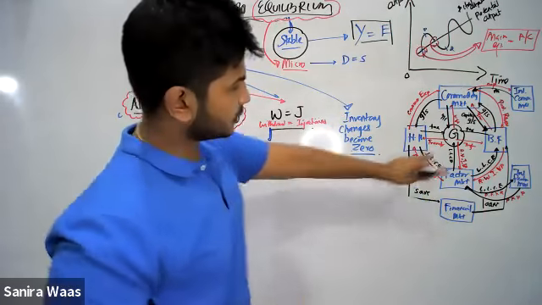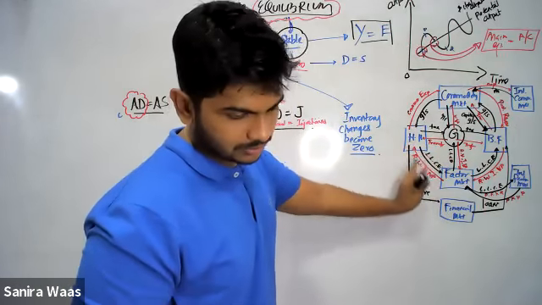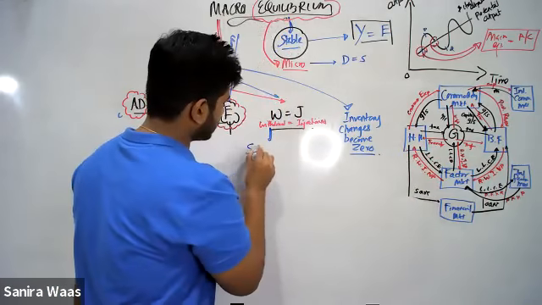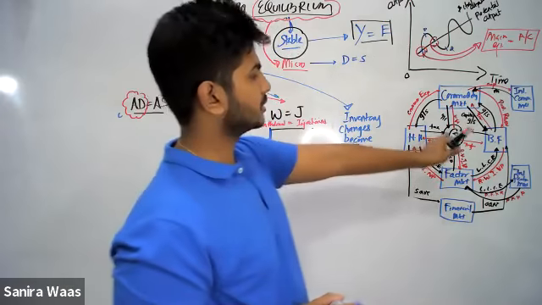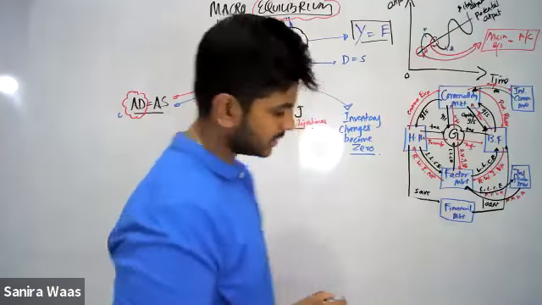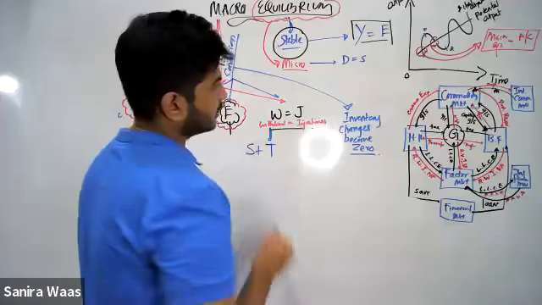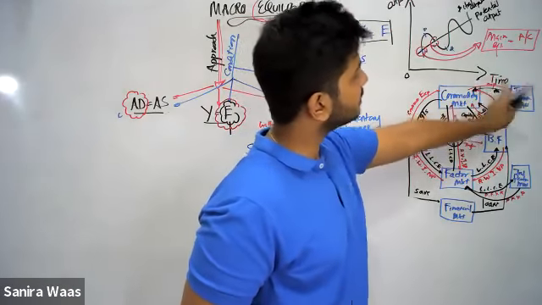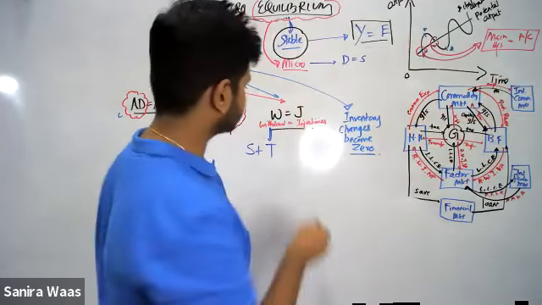What are withdrawals? Things going out. First one is saving. Savings go out. What else goes out from the system? Tax goes out. What else goes out? Imports. Import expenditures go out.